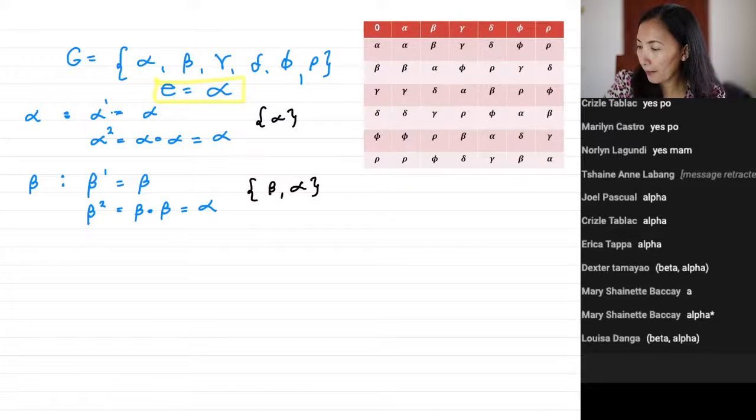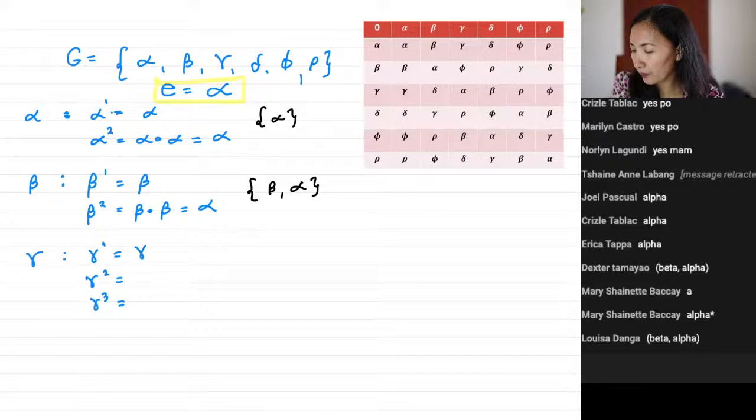Okay, for gamma: gamma raised to 1, gamma squared, gamma cube. Up to cube muna tayo, we'll see. Gamma raised to 1 is gamma itself. Gamma squared means gamma circle gamma. What is it equal to?